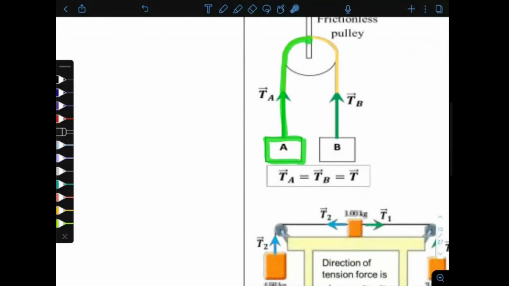So the direction of your tension due to object A adalah ke atas on object A. Okay, pointed away from the object along the cord. Untuk objek B pula, dia pun akan experience tension. Tension dia away from objek B pula along the cord.